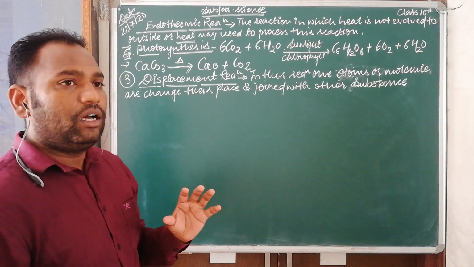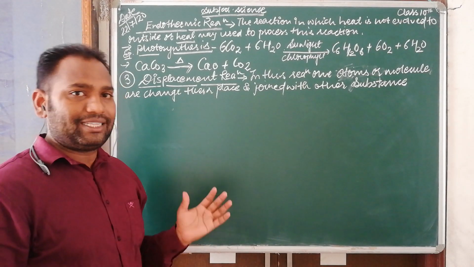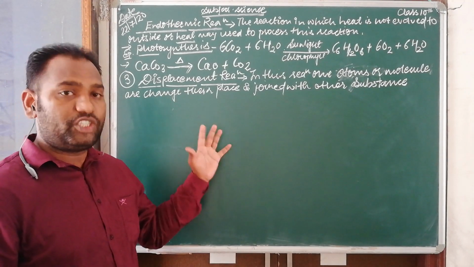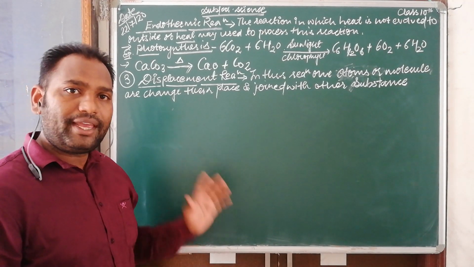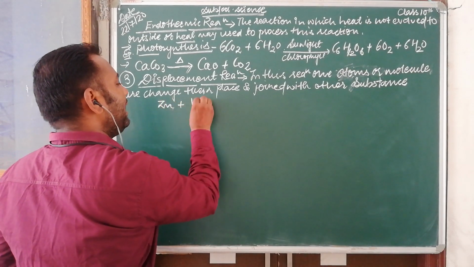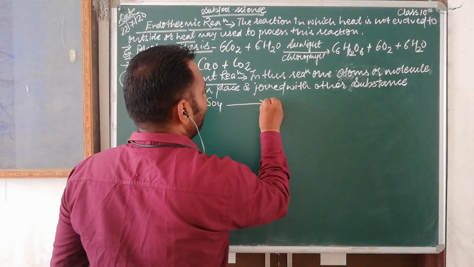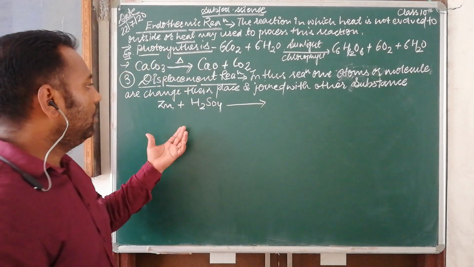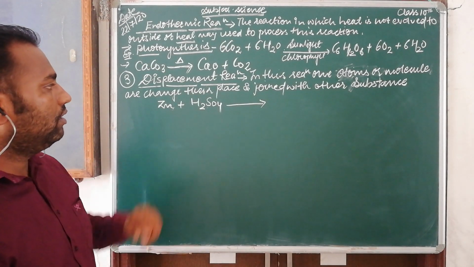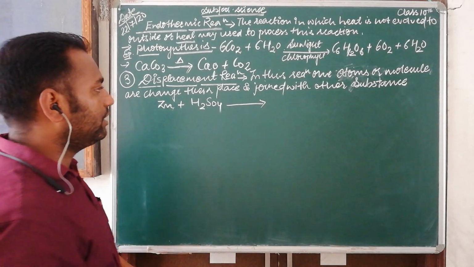Here one atom or molecule is displaced from its place, and it is only due to the other substance in the reactant, like Zn plus H2SO4. Zinc is a metal, this is a dilute acid, H2SO4.